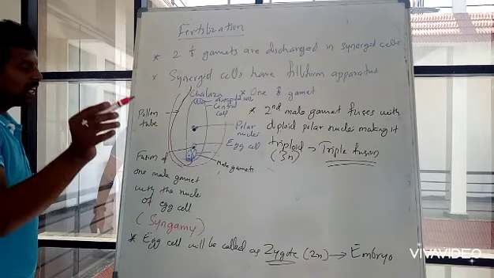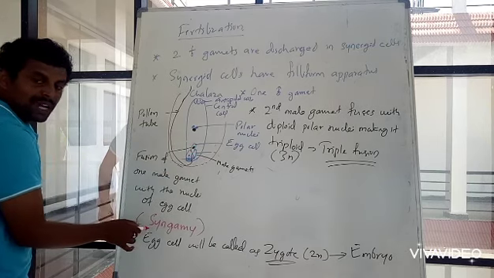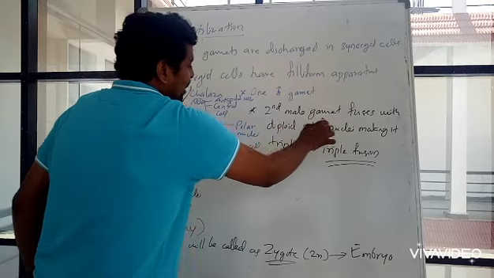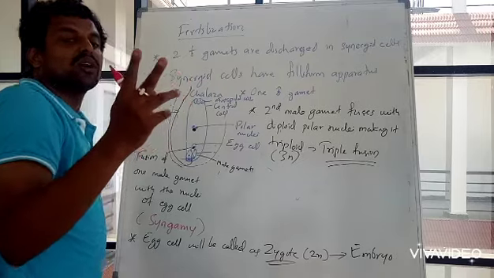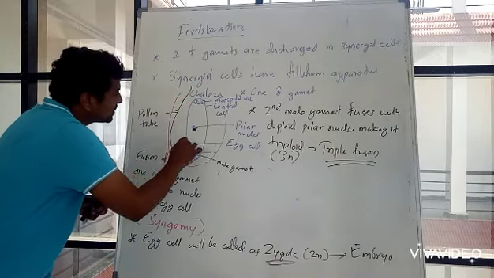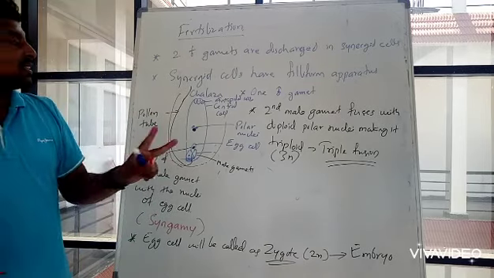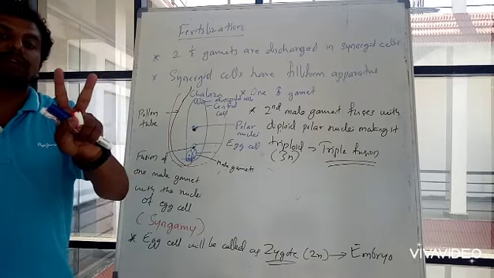The first fusion takes place between the male gamete and the egg cell nucleus. So that is syngamy. The second fusion takes place between the male gamete and the diploid polar nuclei. So totally two fusions in a single cell. See, this is a whole single cell, right? So in a single cell, that is the embryo sac cell, two fusions will take place.